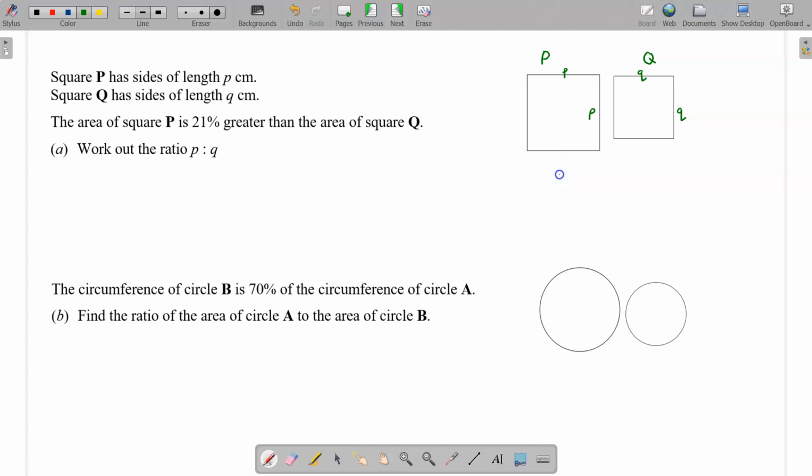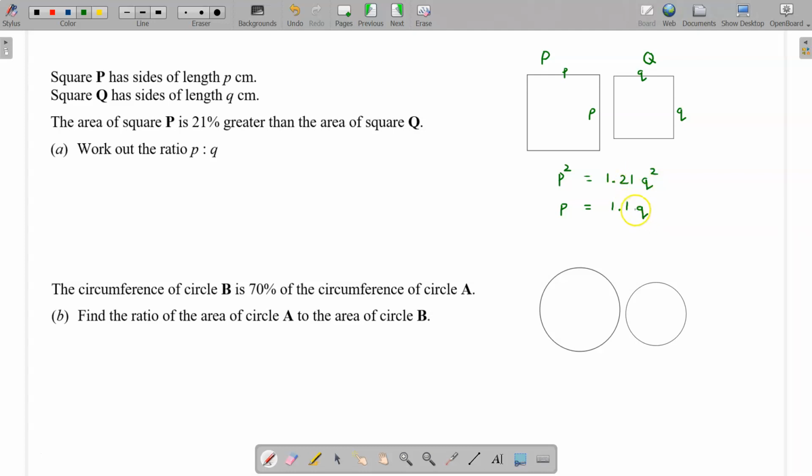So I can say that P squared, that's the area of this one, is equal to 1.21 times Q squared. Now if we square root both sides, we get P is 1.1 times Q, because the square root of 121 is 11.